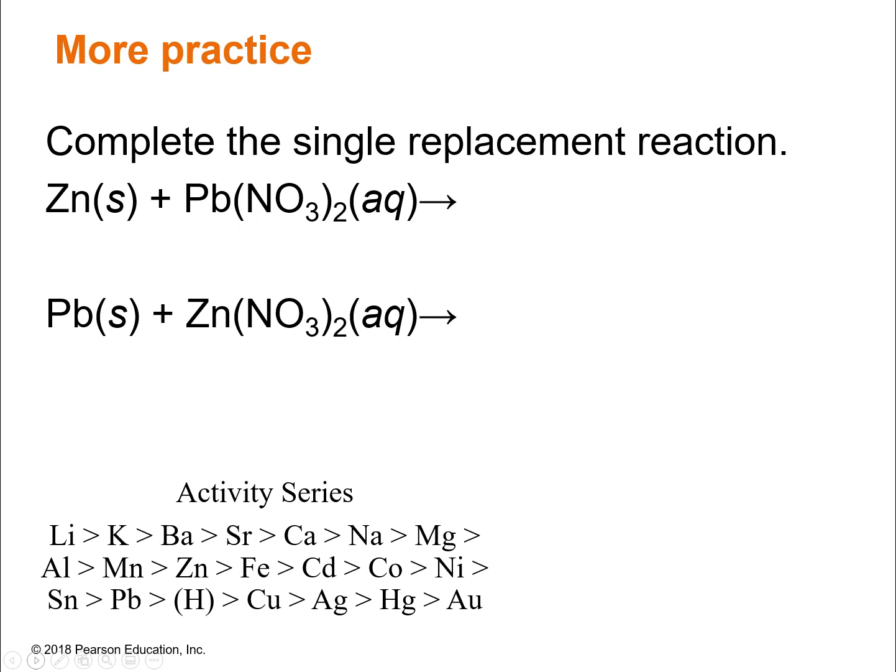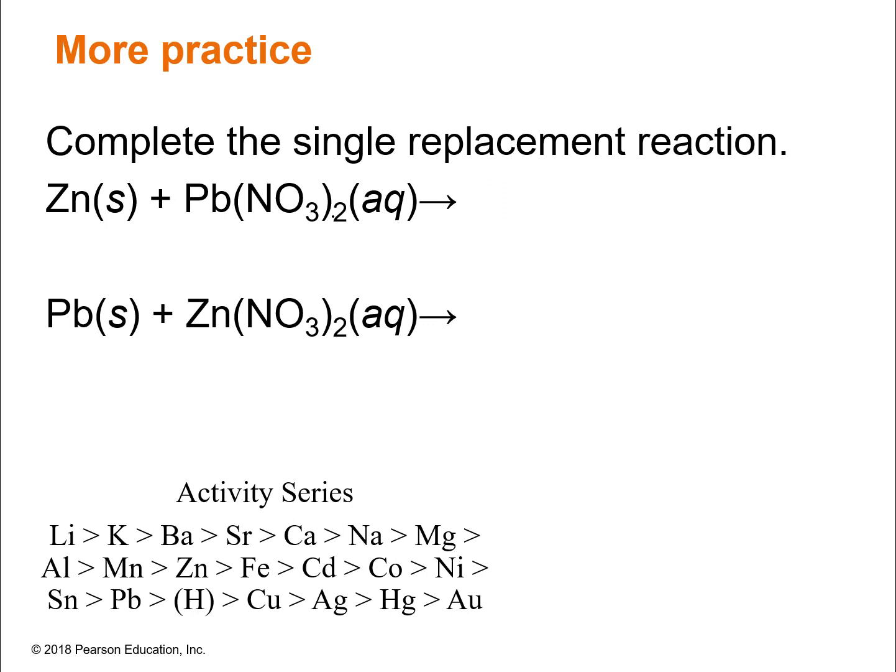Let's do some more practice. We're going to do some fill in the blank, complete the single replacement reaction problems. The activity series is at the bottom. I'll walk through the first one with you, and then I would like it if you pause and try to do the second one. We've got zinc solid. We've got lead 2 nitrate, and it's aqueous.